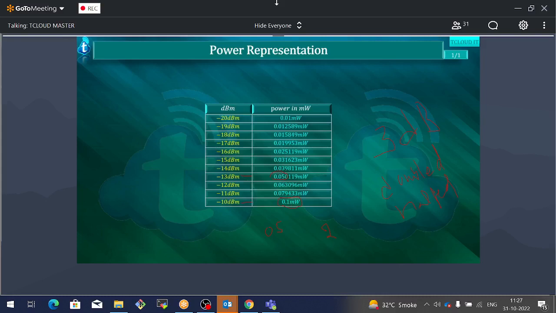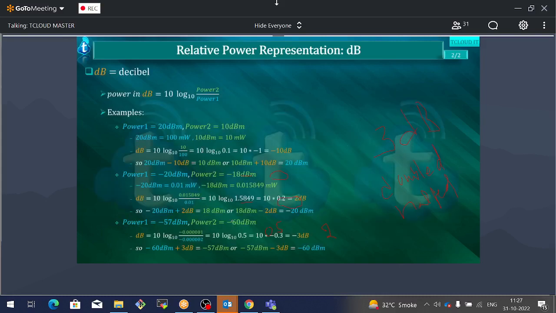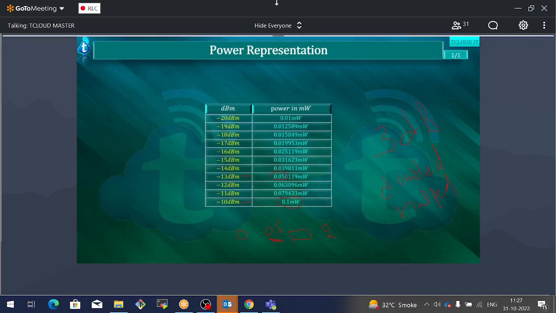Now, if you go back to the previous slide, whenever our ratio is 0.5, we get a value of minus 0.3. Whenever the ratio of any two powers is 0.5, half of it, we get minus 0.3, which is equal to minus 3 dB. So that is nothing but every 3 dB, the power became half. As you can see, 0.1 became 0.05.